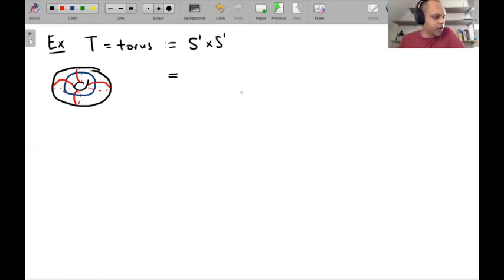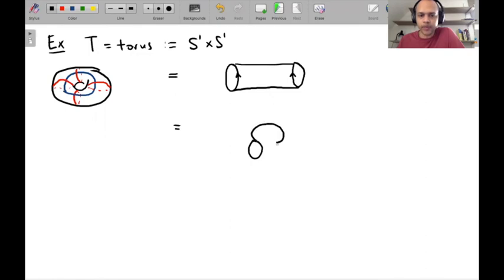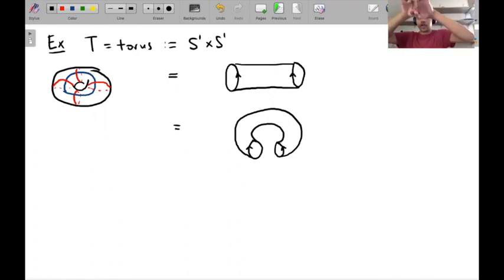So another way we can think about this is you take an annulus and you identify the two boundary components in this fashion. So let me draw one more picture. So here's that annulus. I'm just drawing it slightly differently. And you're supposed to imagine that you take those two circles and then you join them together, and then you get the torus.